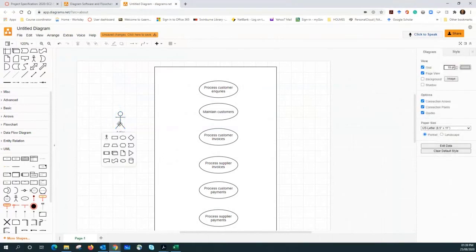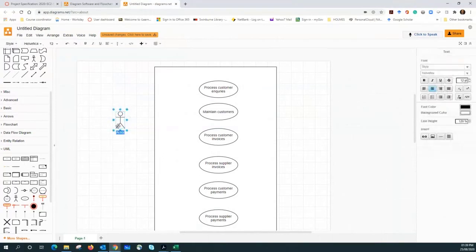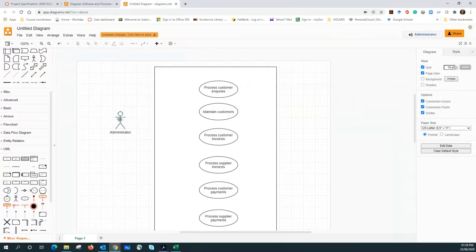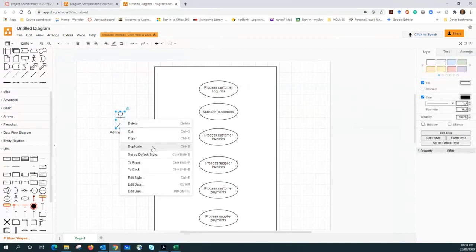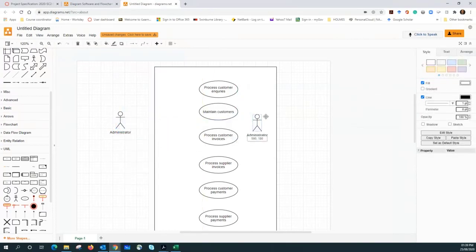So how to name this one? This is administrator. And I can duplicate. Maybe I can put order clerk.